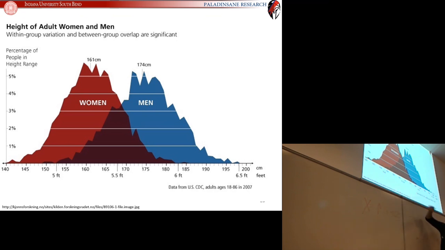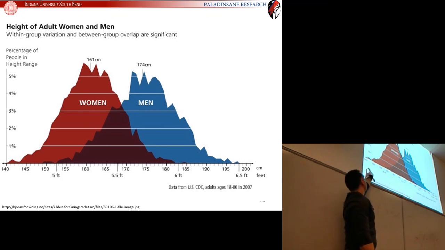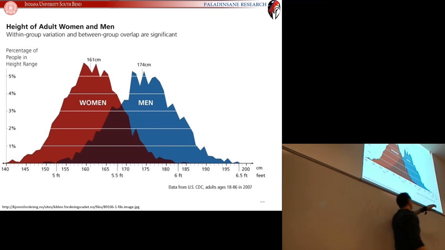And people that are really, really tall, it's as if when they were rolling the dice on each of these factors, they rolled 6 on every single factor. 6 on genetics, 6 on diet, 6 on health, 6 on every factor that contributes to height. People that are very short, they rolled 1s on every single factor. 1 on genetics, 1 on nutrition, 1 on health, and they end up being very, very short.